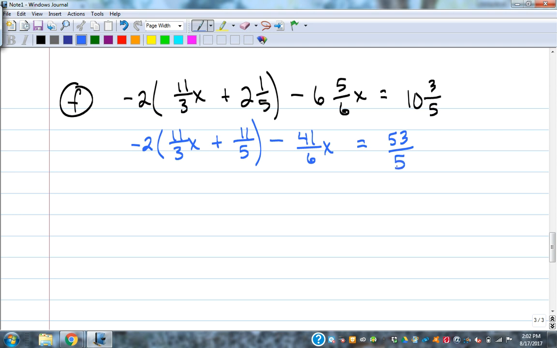All right? Now what? Distribute. Negative 2 over 1 times both of those fractions. So that's negative 22 over 3 and negative 22 over 5. Don't forget your x on the 22 over 3.